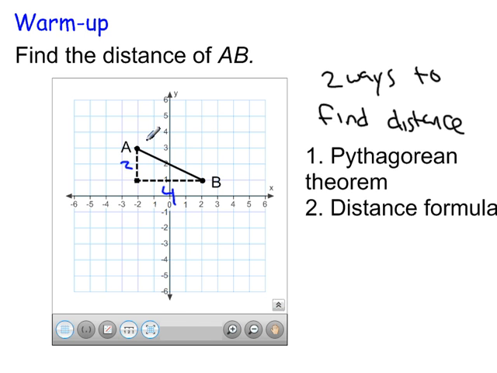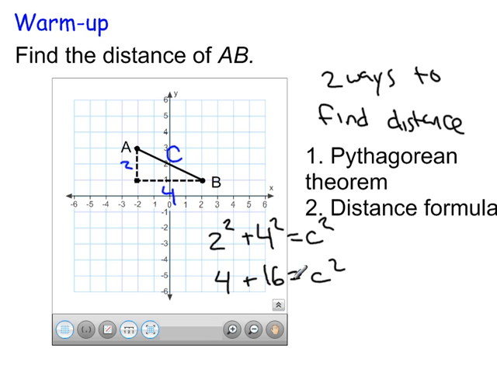So we could use Pythagorean theorem now to find the missing side AB, which I'm going to call C. So use Pythagorean theorem. 2 squared plus 4 squared equals C squared. 2 squared is 4. 4 squared is 16.